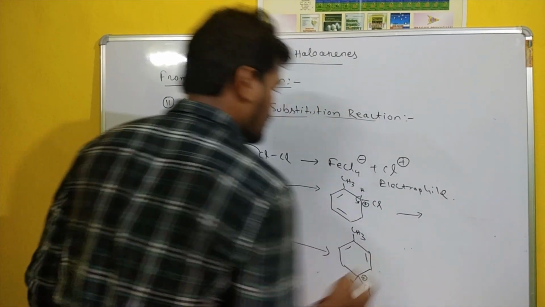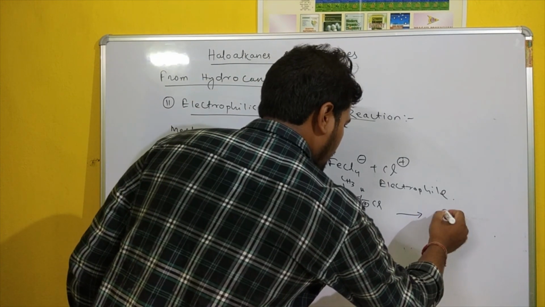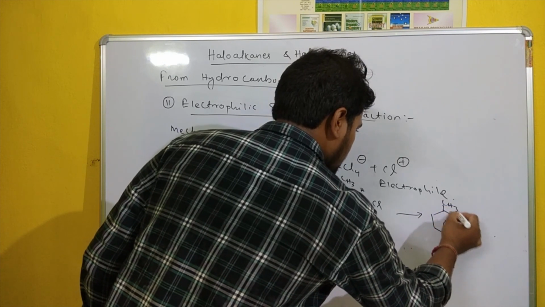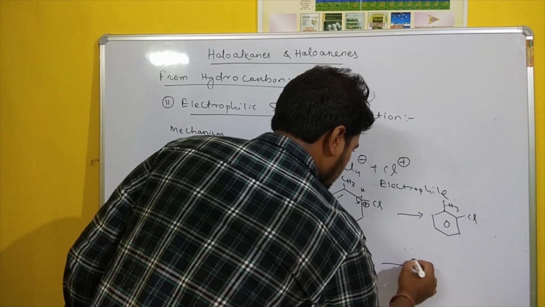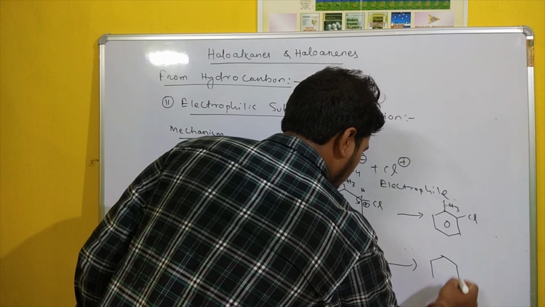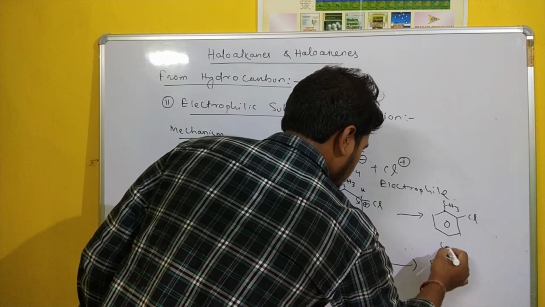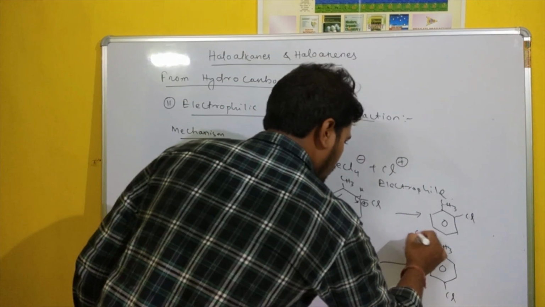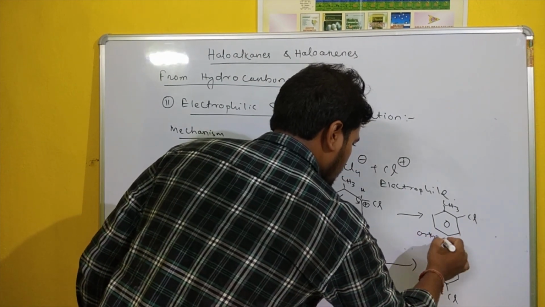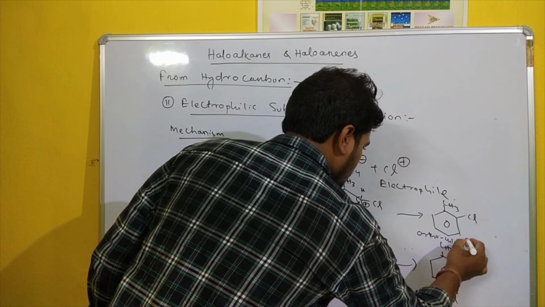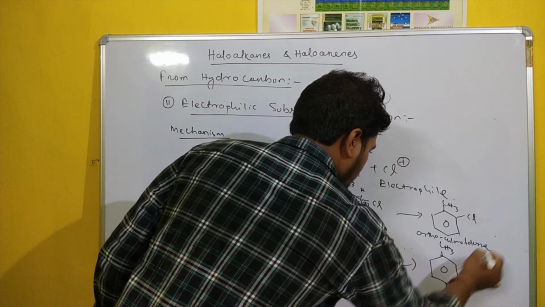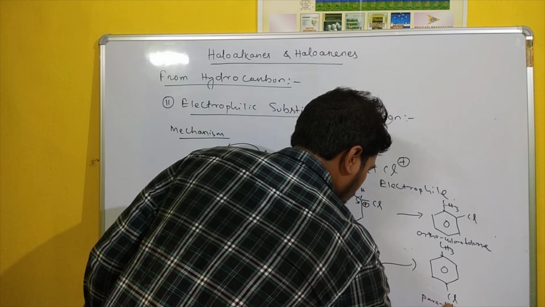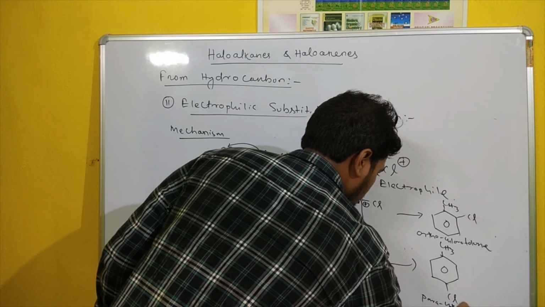So the compounds are CH3Cl, and this compound is Cl, and this compound is called orthochlorotoluene, and this is called parachlorotoluene.